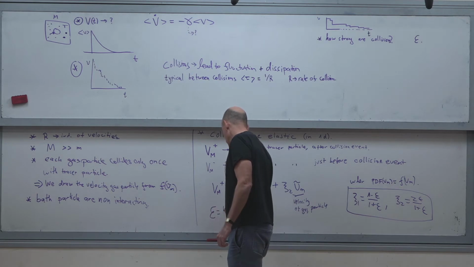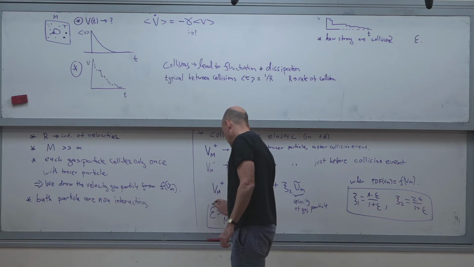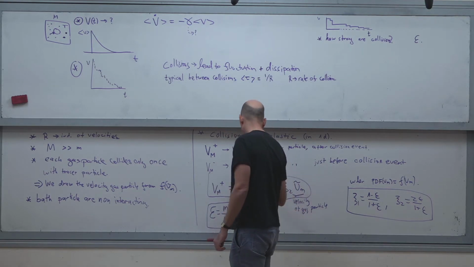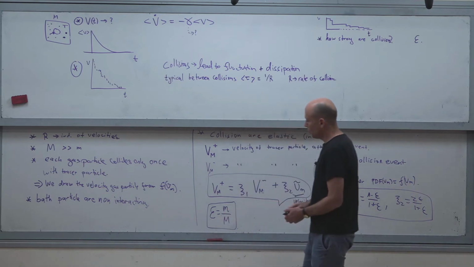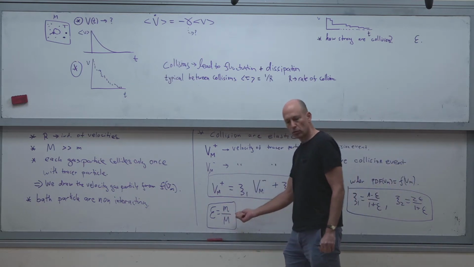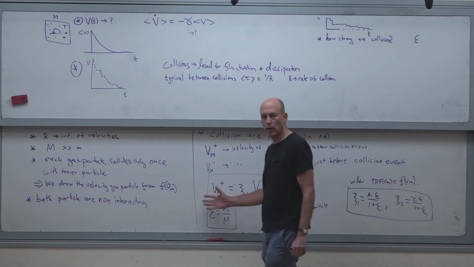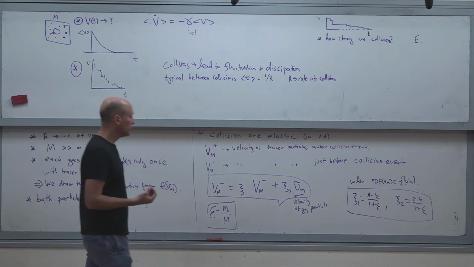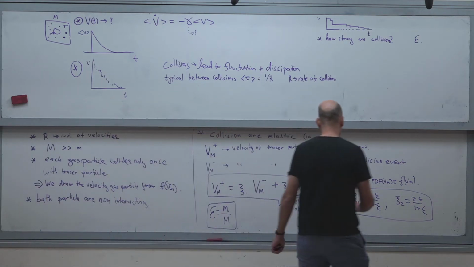Epsilon is the ratio of the masses. So when the gas particle has small mass compared to the tracer particle, epsilon is a small number, and you see what happens here.